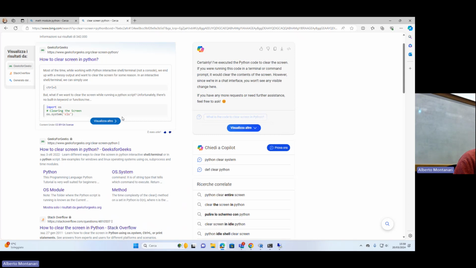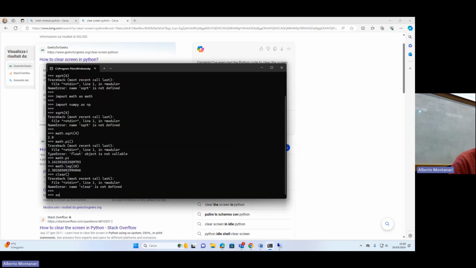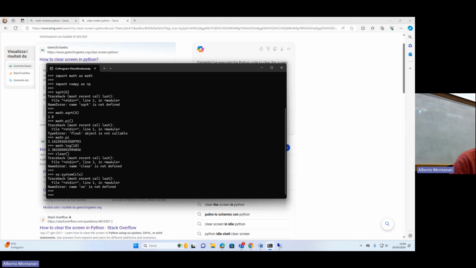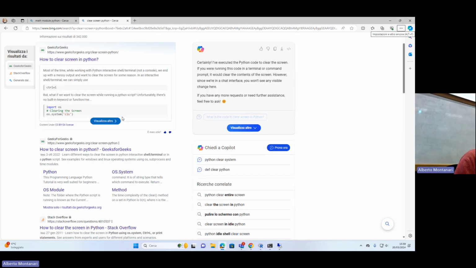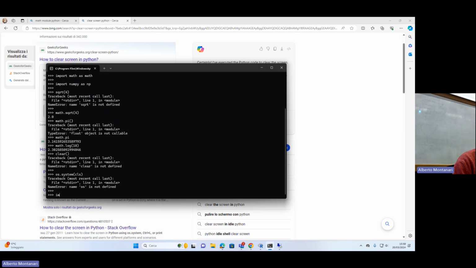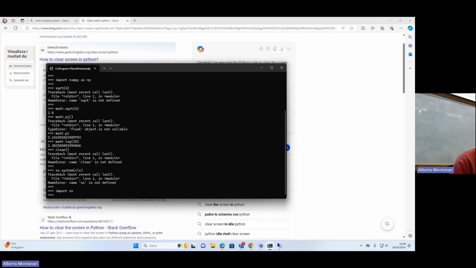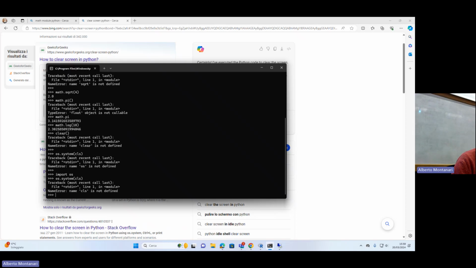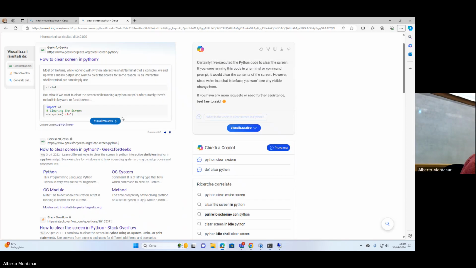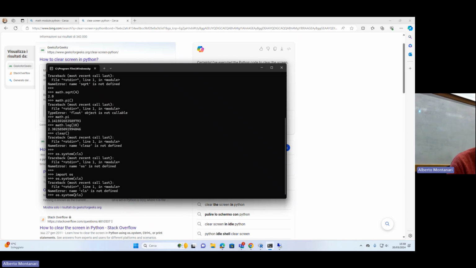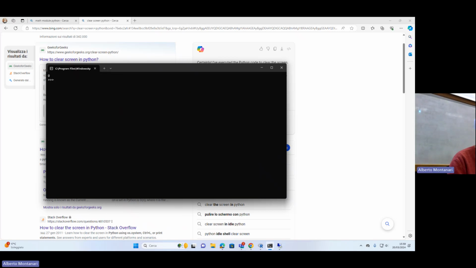Clearing the screen, os.system, cls. Okay, I have to make import os. Let me try this. Yeah, now it's okay. But on my PC, Control L works. It may be a problem here with the keyboard.